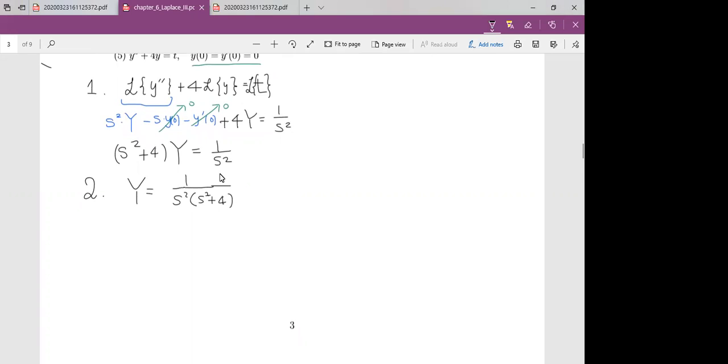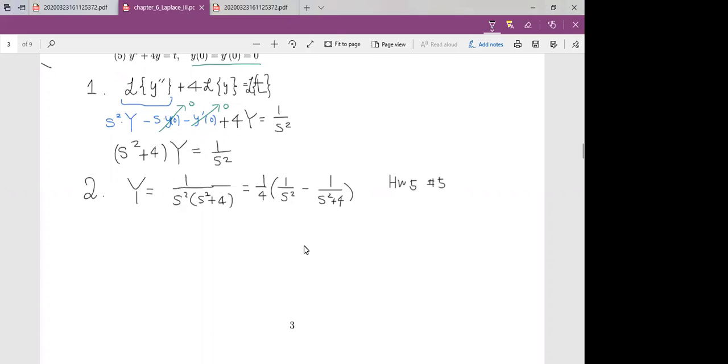That's why you want to decompose this right-hand side, and actually you already found the decomposition. In homework 5, number 5, you found the decomposition, which is 1/4 times 1 over s squared minus 1 over s squared plus 4. Good. So this is from homework 5, number 5.